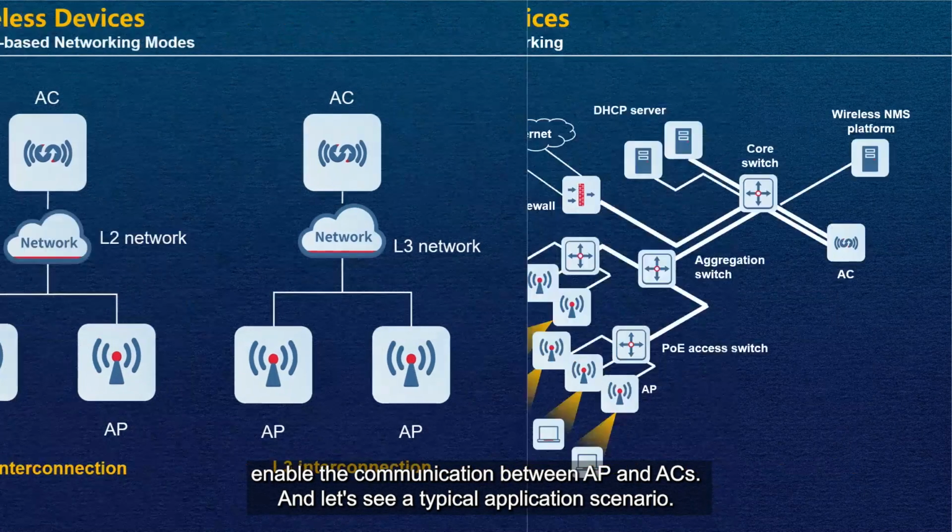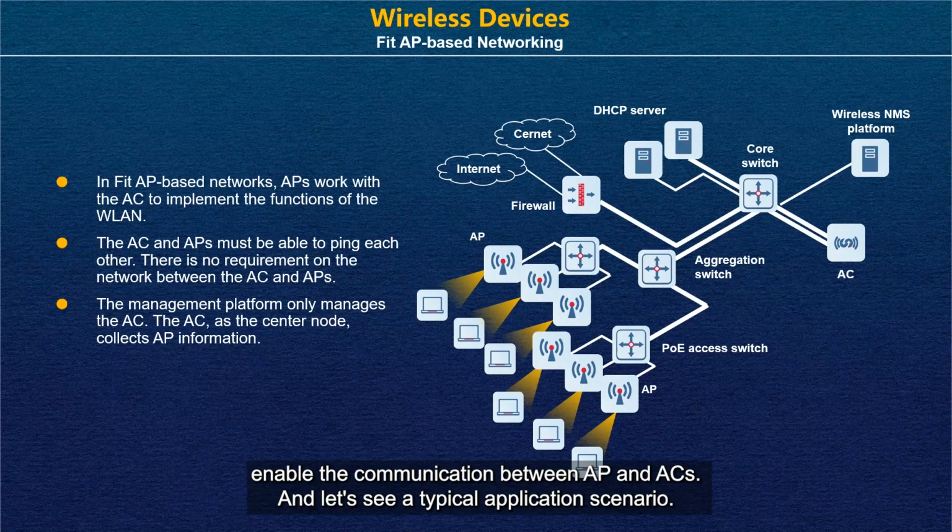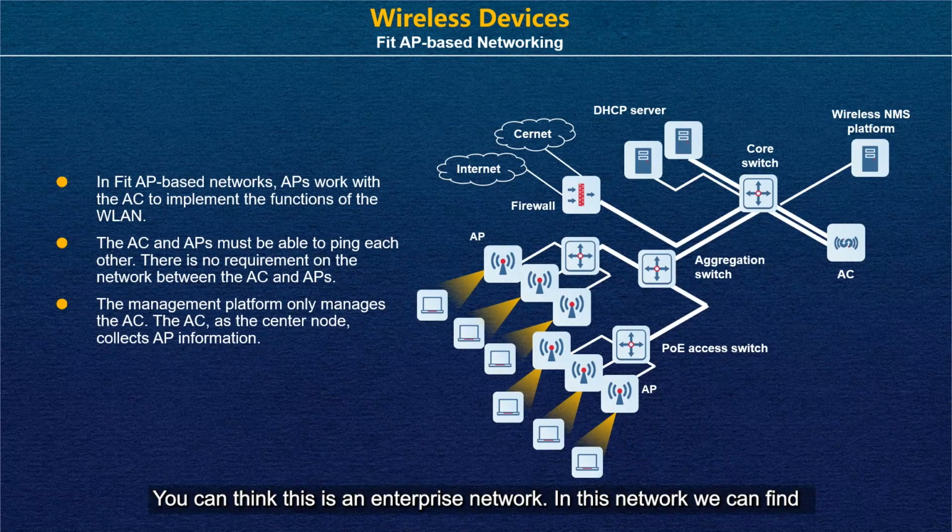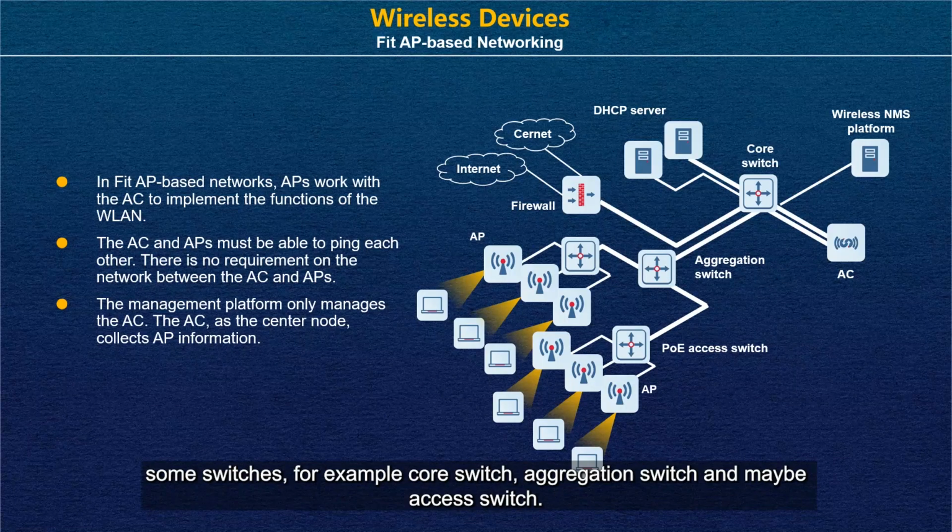Okay, and let's see a typical application scenario. You can see this is an enterprise network, right? In this network, we can find some switches, for example, core switch, aggregation switch, and access switches.